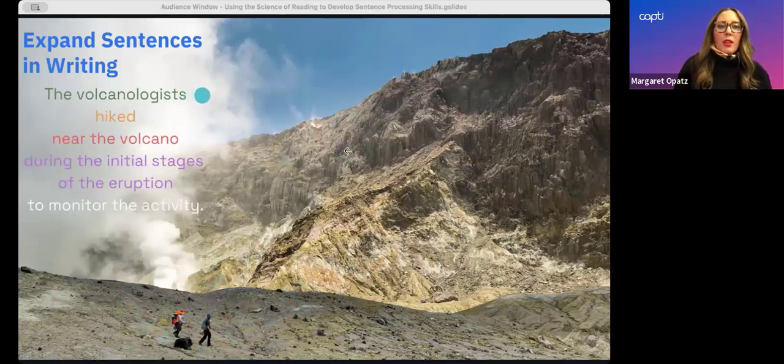When you're first doing this, it's really helpful to have people in the image, so I found a picture of volcanologists. Then, what are they doing? Here I put in hiked, so we want the verb there. So we have who, what, and then where: they're near the volcano.